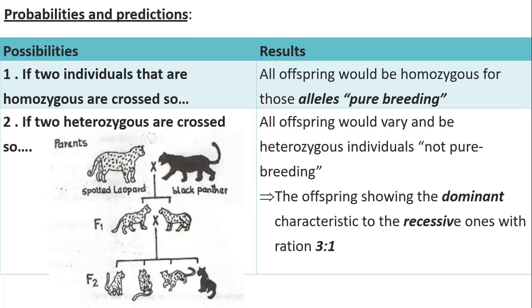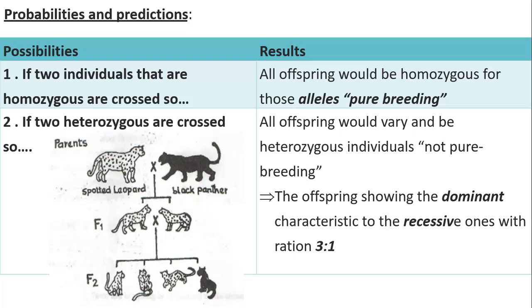So now there is a possibility in the alleles of the offspring that they have different features that are not favorable. So this is what we call not pure breeding. And that's why the offspring of the dog for the second generation will not contain the same favorable features.